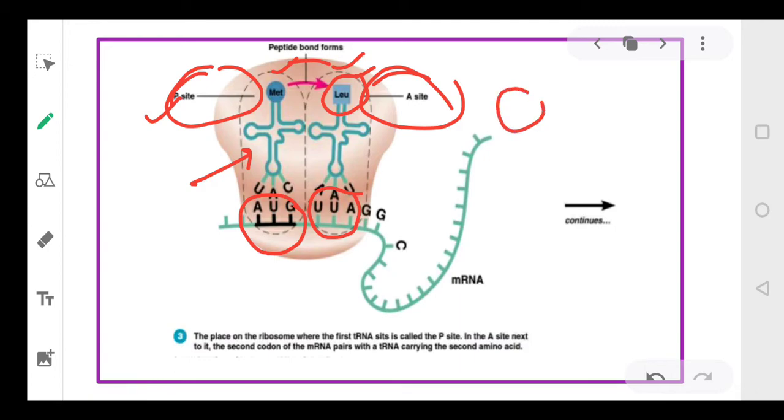Methionine and leucine will become connected with each other with the help of a peptide bond, right? Thus it is called formation of polypeptide. So slowly and gradually the next amino acids will keep on adding like this and this will form a chain.